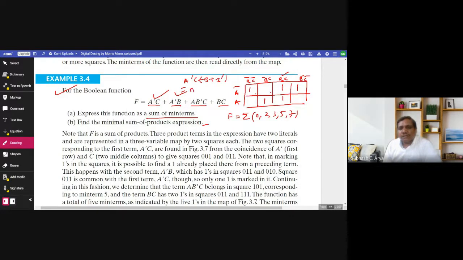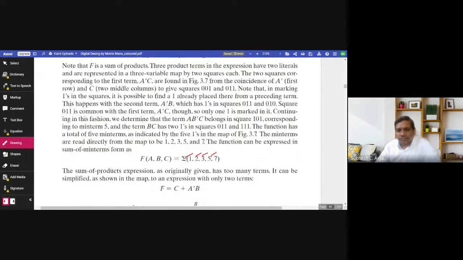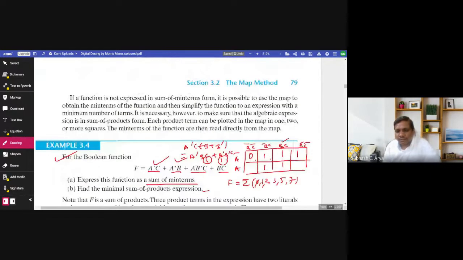So this will be A bar B C plus A bar B bar C. So this is what? 4. This is 4 and this is 1. Yeah, this should be 1, not 0. So 1, 2, 3, 5, 7. So first term was not correct. So we have corrected it from here.